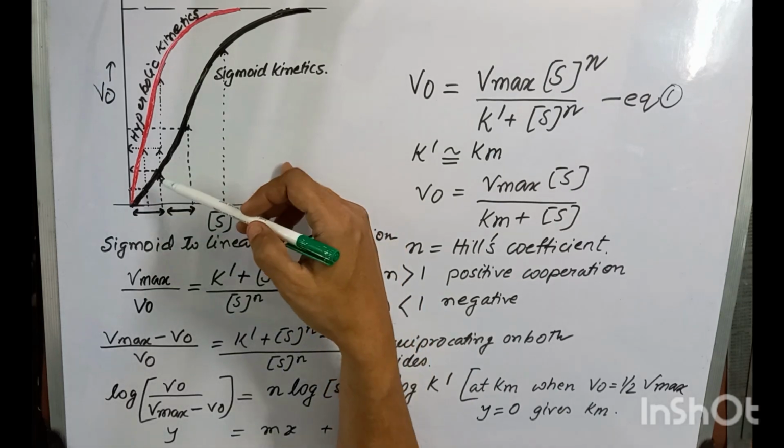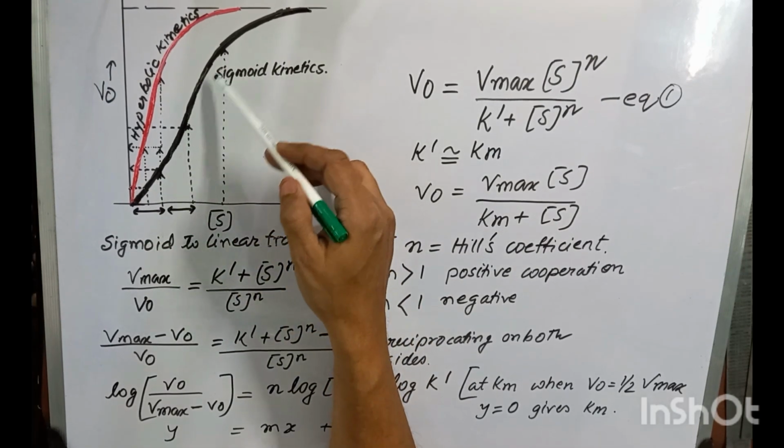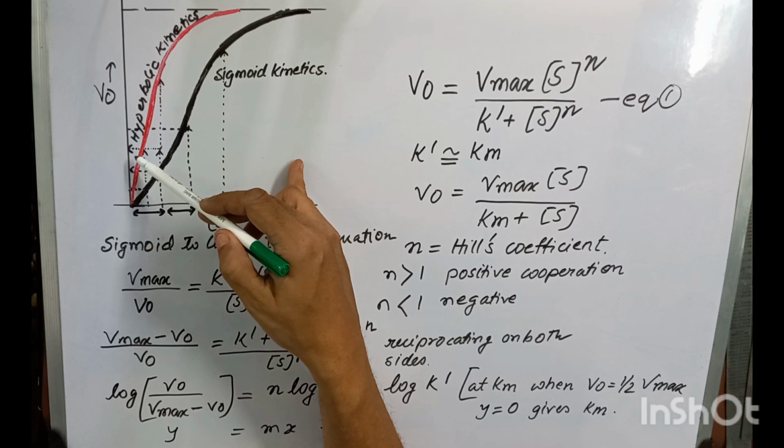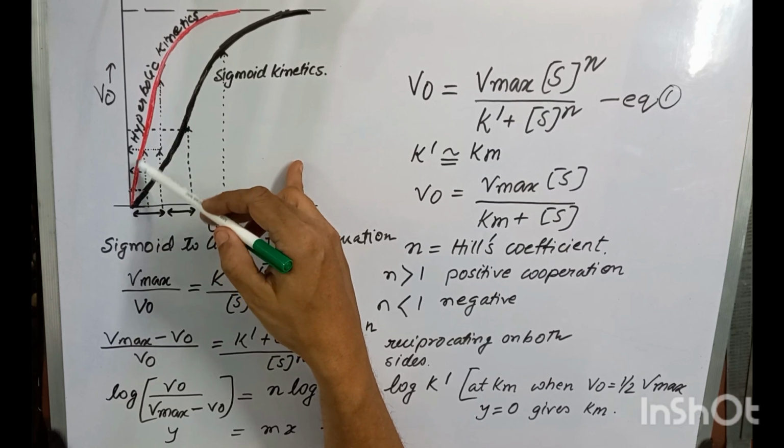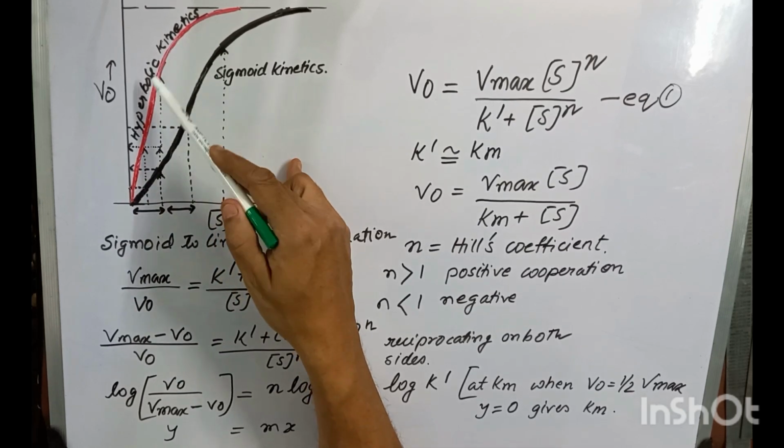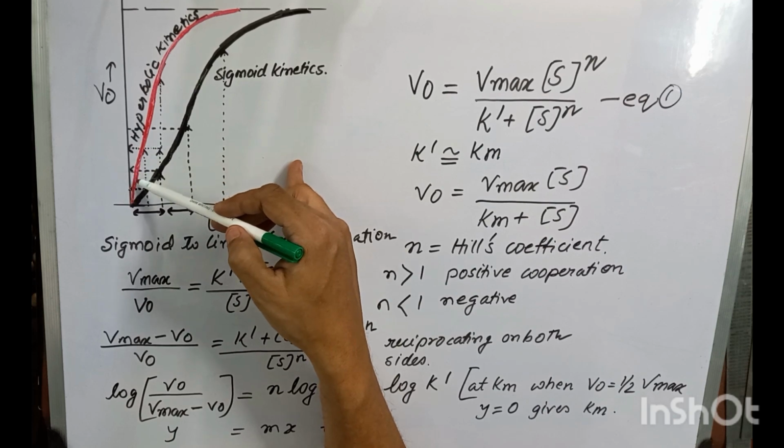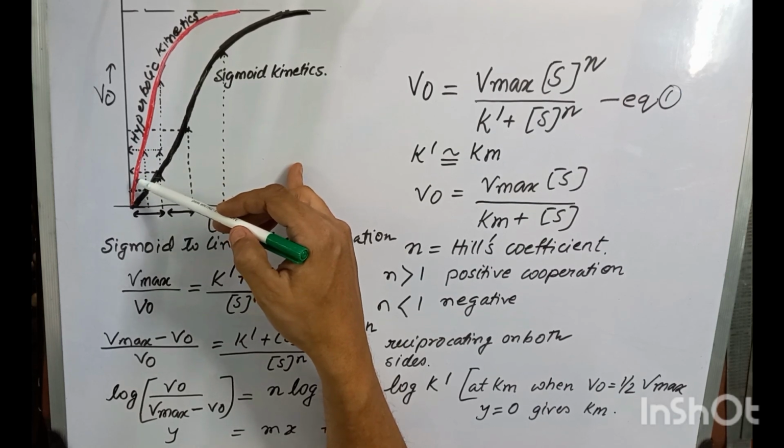Say this is the sigmoid curve, the S-shaped curve, and on the contrary, to the right is a hyperbolic kinetics, the hyperbolic kinetics of the Michaelis-Menten equation.